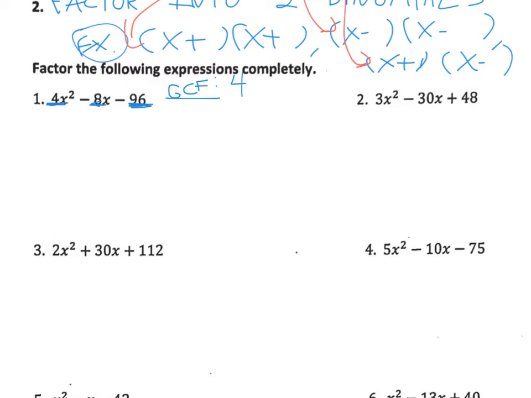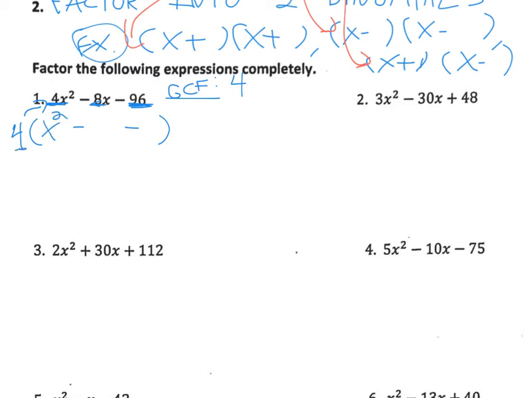Now, I don't have an x for the GCF because see how there's no x here? So I'm not going to have an x in a GCF. So I'm going to pull out the 4. Okay, and then I line up the minuses. I keep the same signs. So then I'm asking myself, all right, how many times does 4 go into 4x squared? Well, it's just 1x squared.